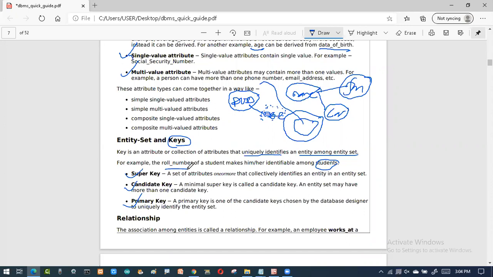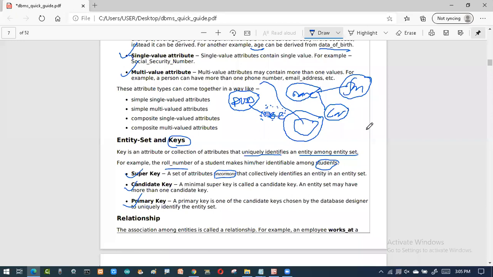So when I'm trying to identify, I should know the concepts of super key, candidate key, and primary key. What is a super key? It is a set of attributes, one or more, that collectively identify an entity in an entity set. In my entity I have a lot of attributes: DOB, age, name, first name, last name, serial number, SSN, Aadhaar number, contact numbers.